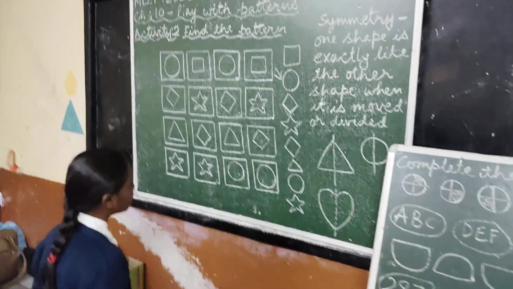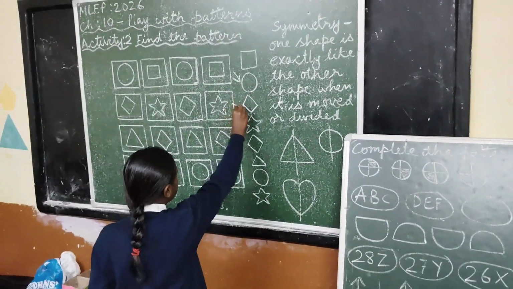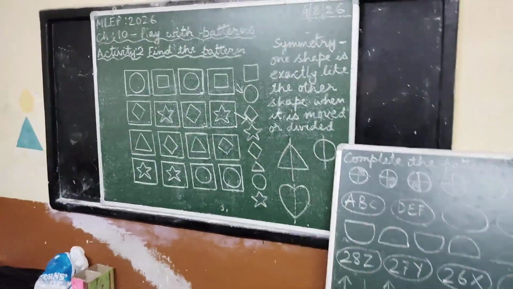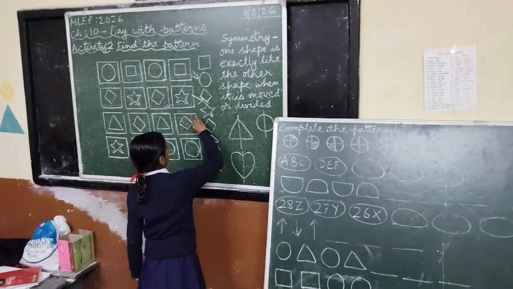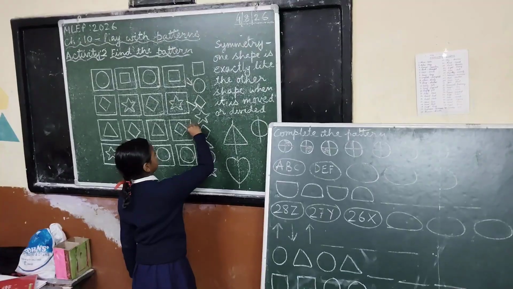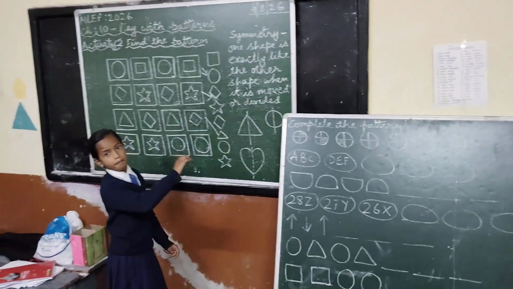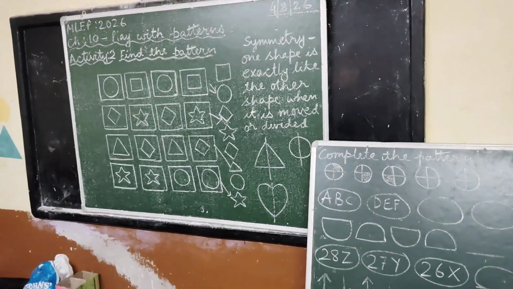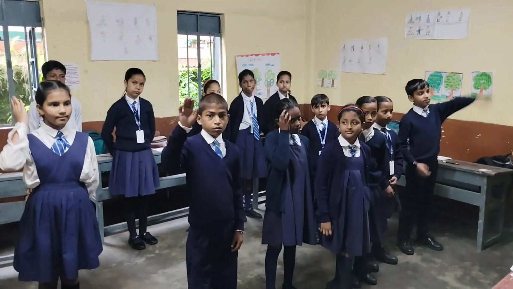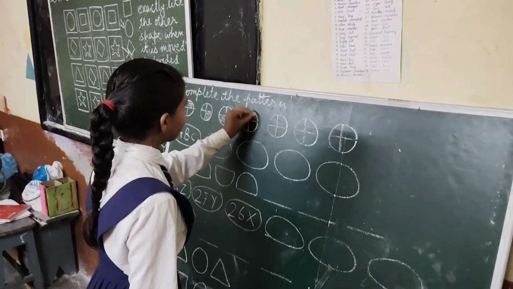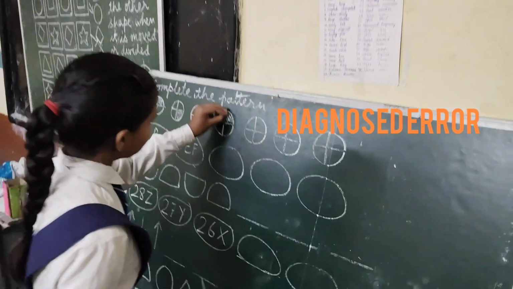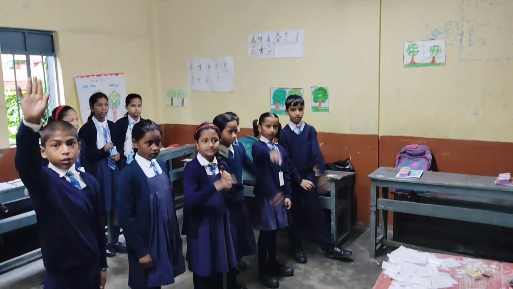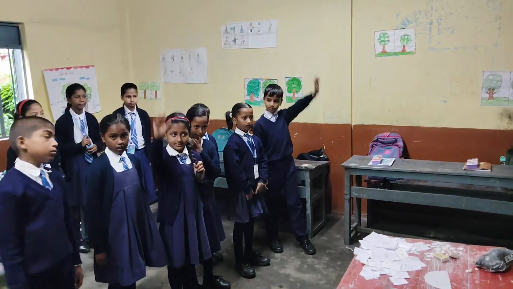Tanisha, come. Read the pattern. Is she correct? Yes, miss. Next. Is she correct? Yes, miss. Yes. Star, star, circle, circle, star. Good. Now who will come? Read. Is she correct? Miss. Who can help her? Miss, Divya.